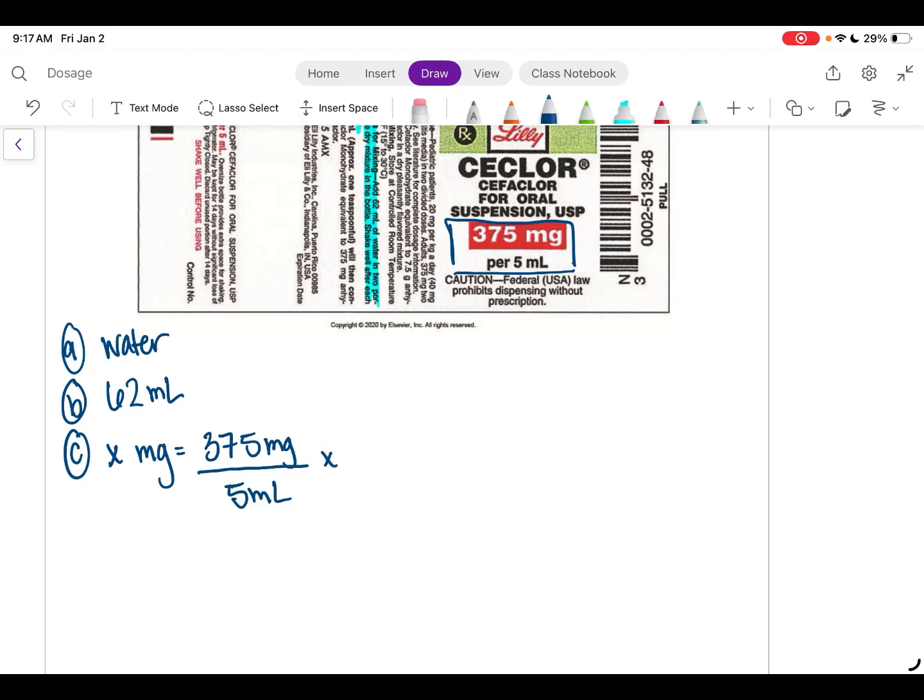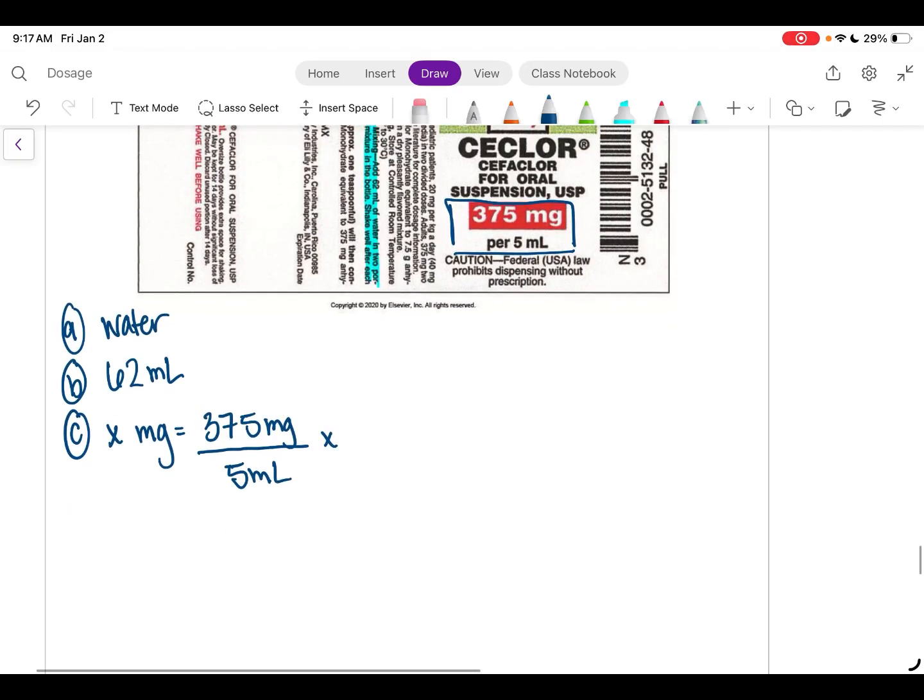Right. My bottle is 100. So 375 times 100 and divide by 5. 7,500.